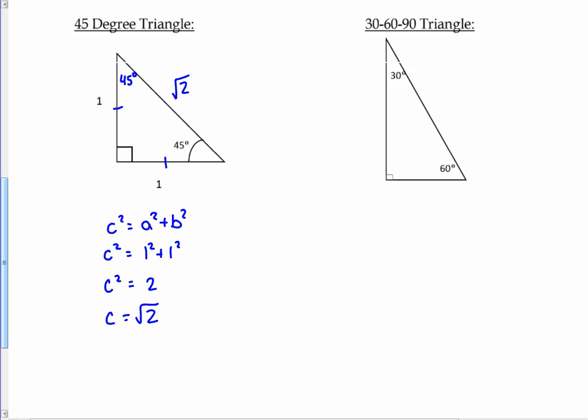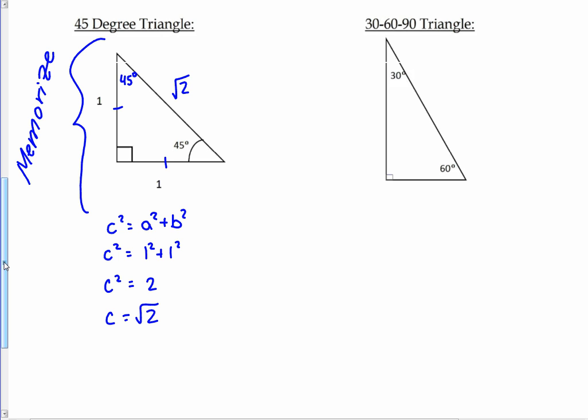You can't square root 2, so we're going to write it as just root 2. Okay. You want to memorize these two triangles. Okay? You're going to have to memorize them. Yay!